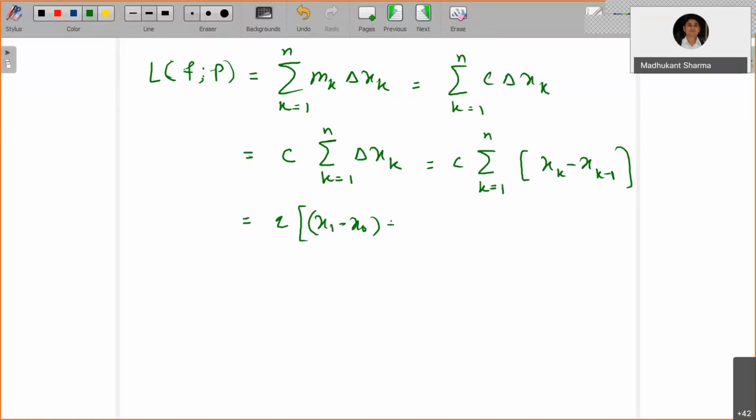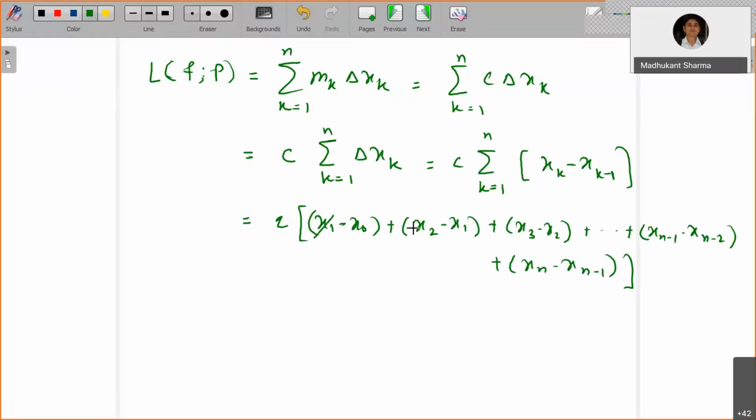For k equals 2, it is x2 minus x1, plus x3 minus x2 and so on, plus xn minus 1 minus xn minus 2, plus xn minus xn minus 1. Now it is easy to see that all the middle terms get cancelled. You will remain only with xn minus x0, but xn is b and x0 is a, so c times b minus a.